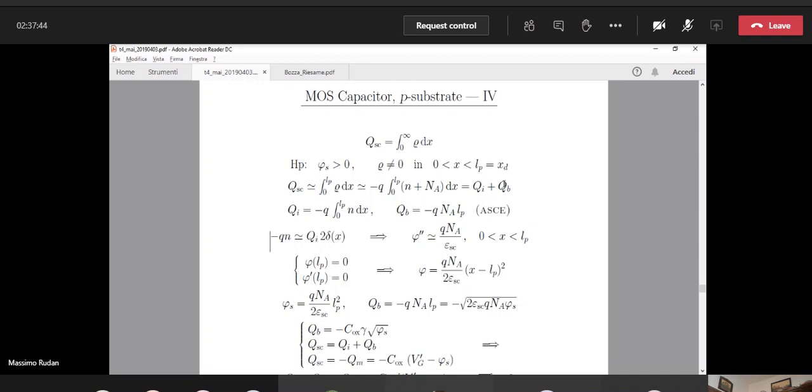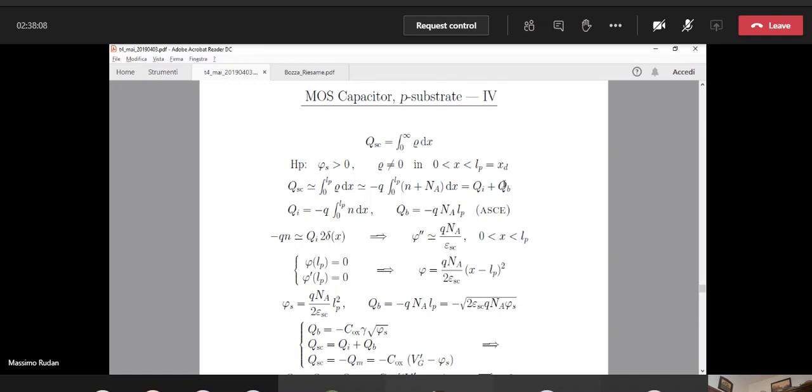Qb is easily calculated because when we adopt the Ashe approximation, QB is simply the area of the rectangle, so that QB is minus QNA times LP.